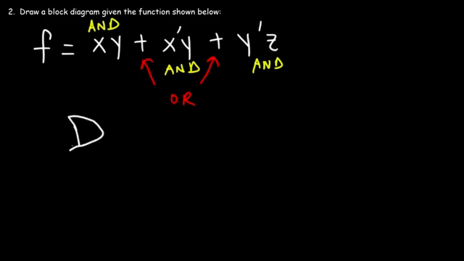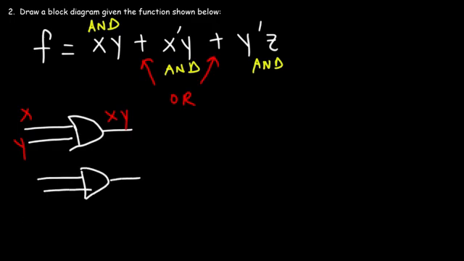So this is going to be the first AND gate, and we're going to put x and y together, and so that will give us the output xy. And then we're going to use another AND gate, and we're going to have the inputs x prime y, and then another one. So this is going to be y prime and then z.